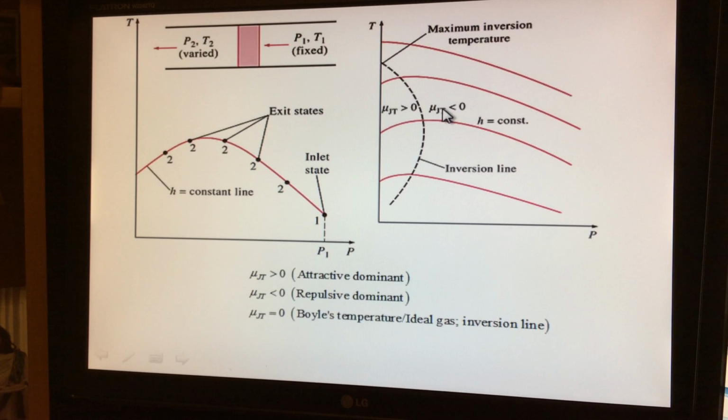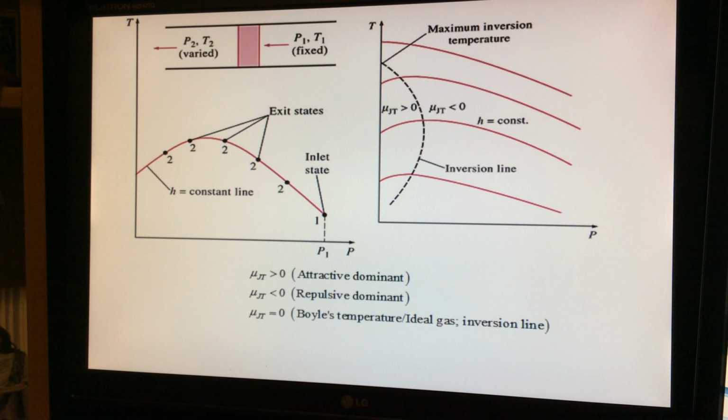When mu_JT is less than 0, which means mu_JT is now negative, and you can see that the slope is negative, it means that T2 is actually greater than T1. In that case, we actually have the fluid heating up during the expansion process. And so this is the manner in which the experiments are designed, and the experiments are tabulated, and these types of curves are generated.